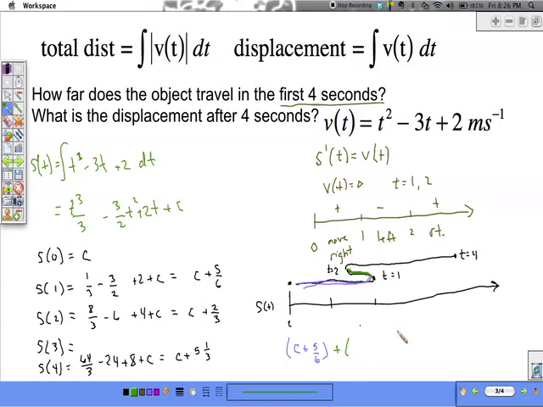Remember, this is total distance, not displacement. That's going to be the difference between where I am at the beginning and where I am at the end. So c plus 5/6 minus c plus 2/3.